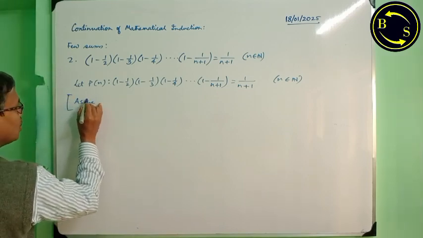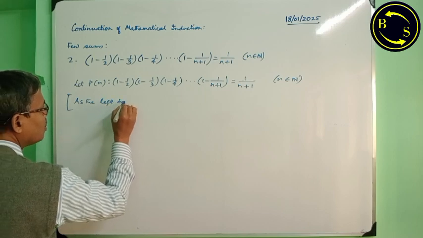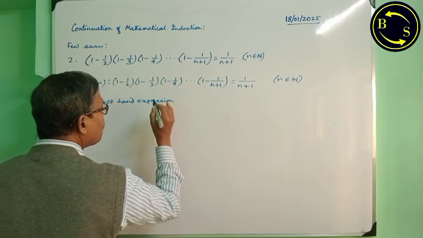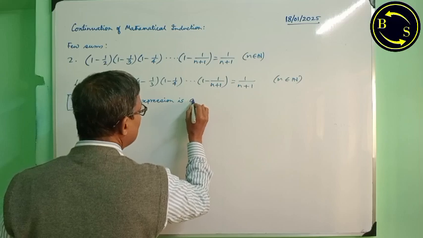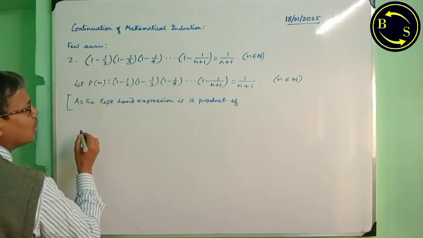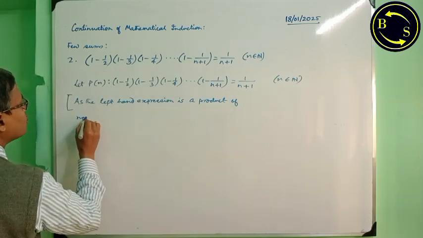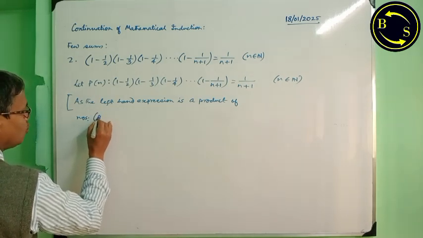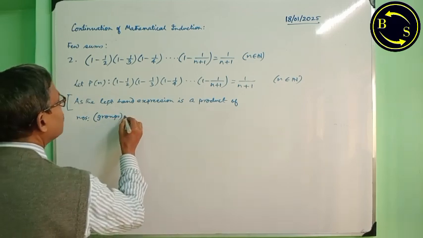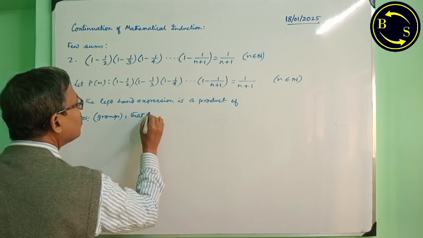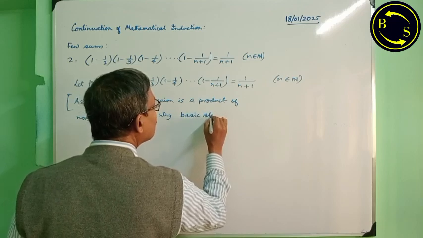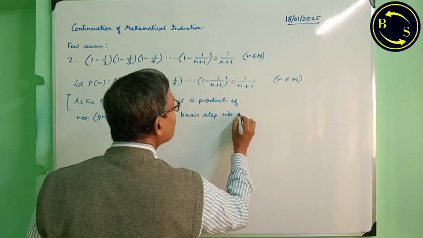As the left hand expression is a product of numbers, here groups actually, that is why the basic step will be P2.